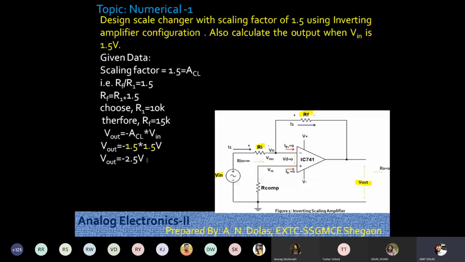Suppose the scaling factor is given for non-inverting mode and you are solving for inverting mode, obviously the complete weightage for that question will be 0. Nobody will even give you step marking, because the circuit is wrong, the assumption is wrong, everything is wrong. The formula is also wrong. So you have to remember the configuration and scaling factor. Analysis of given data is very, very important in design numericals.